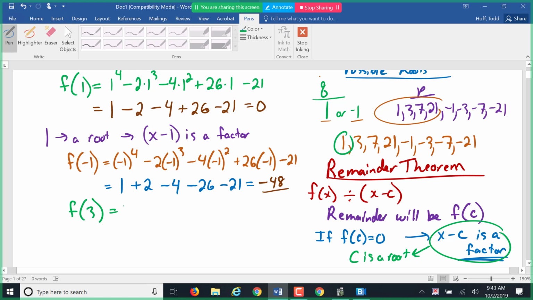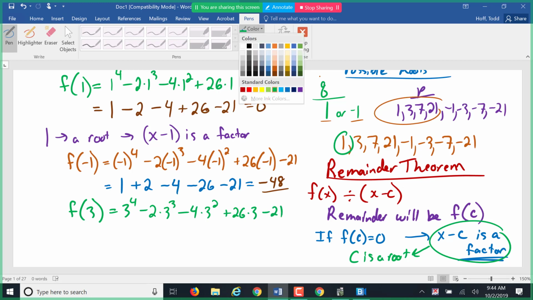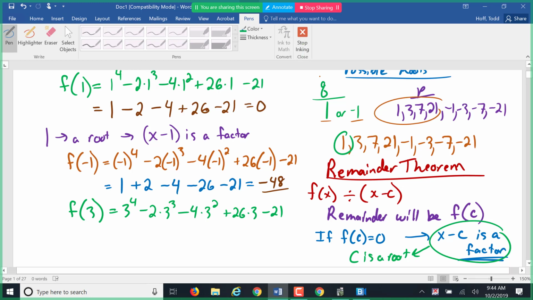So f of 3, this is going to be 3 to the fourth power minus 2 times 3 to the third minus 4 times 3 squared plus 26 times 3 minus 21. 3 to the fourth power is 81. 3 to the third is 27 times negative 2 is negative 54. 3 squared is 9 times negative 4 is negative 36. 26 times 3 is a positive 78 minus 21.